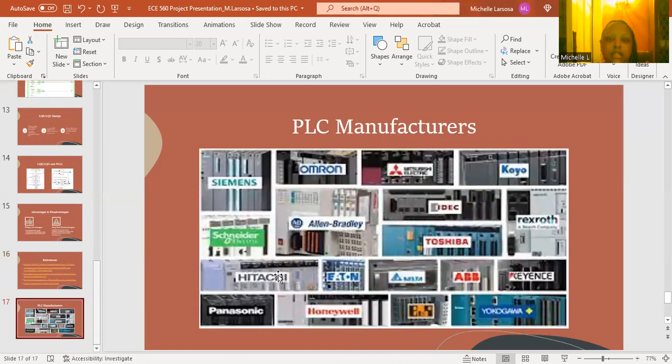And then lastly, I just wanted to give an example of the many manufacturers for PLCs. These are some of the main ones that you may see when working in a manufacturing environment. I previously worked for an auto manufacturer, and the main PLC manufacturers and providers that I worked with were Allen Bradley and ABB.